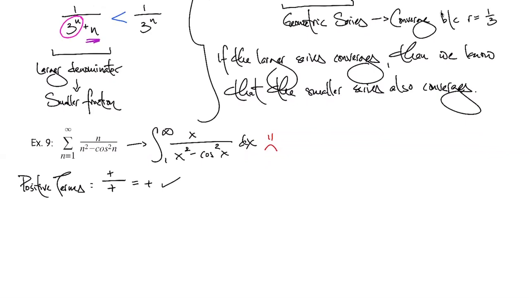So let's take this original series. I've got n over n squared minus cosine squared n. And let's think about what it could be similar to, okay? Now, this is the tough thing, I think, about the basic comparison test.